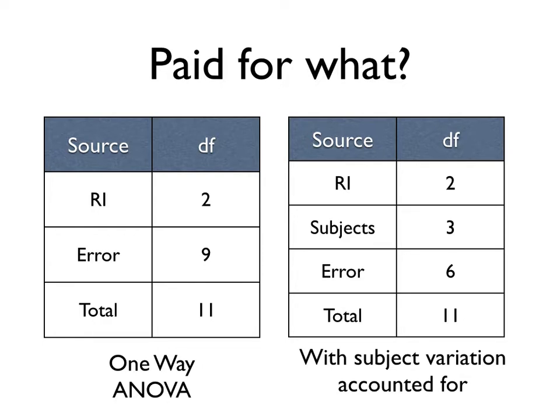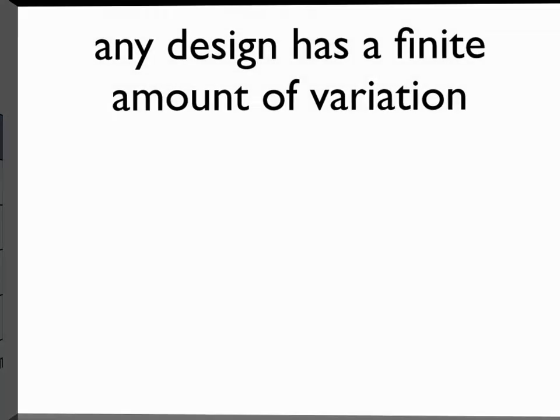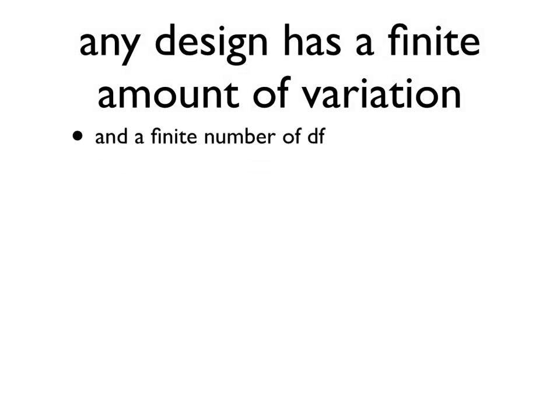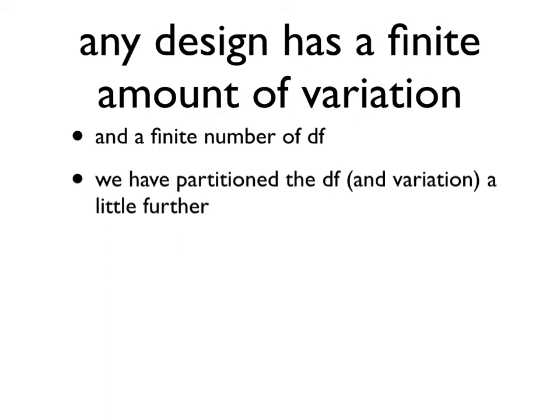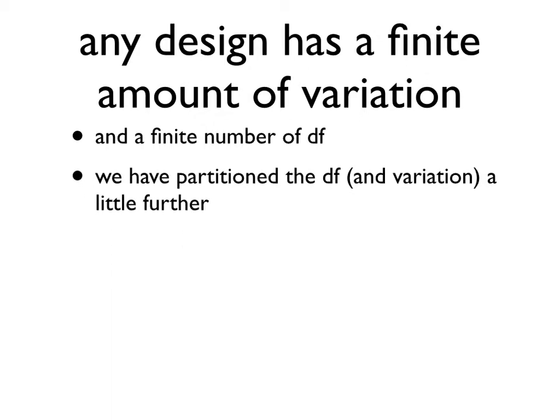It's how you split it up and then how you analyze it, which is why we call it analysis of variance. It says that right there. And a finite number of degrees of freedom. We partitioned the degrees of freedom and the variance just a little bit further. That's all we've done with this kind of design. And you can't always do this. You can do this here because we have repeated measures.